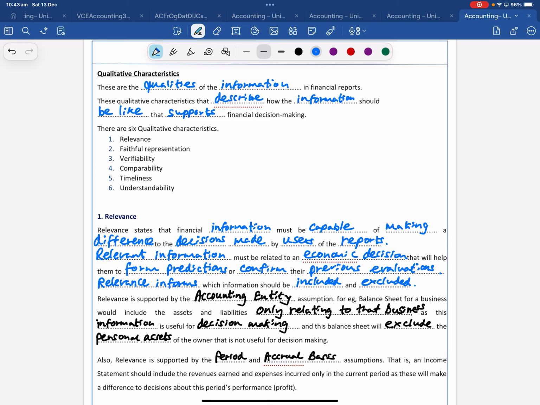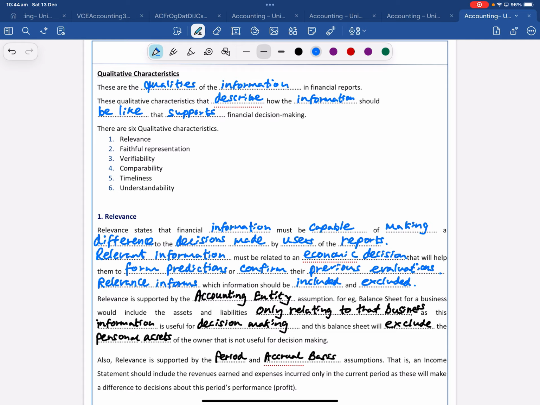Qualitative characteristics describe how the information should be. It says that this is the nature of the information that we should have. So it should have some qualities.